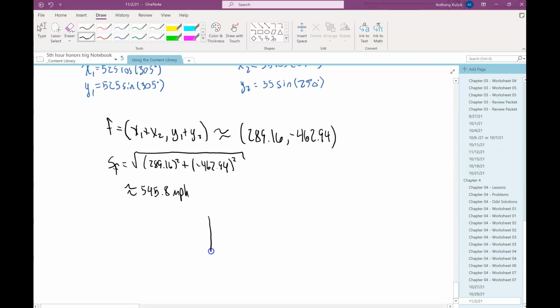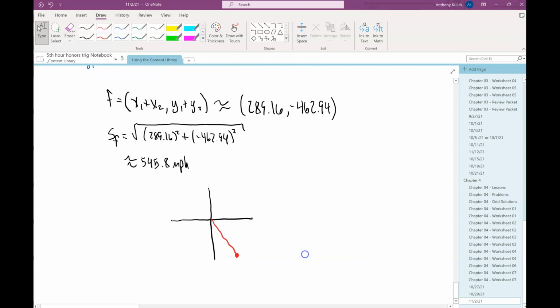And then to do my bearing, I'm plotting the point 289 comma negative 462. So we're down here somewhere. So this is my bearing.